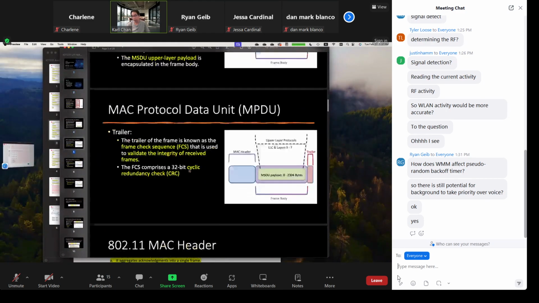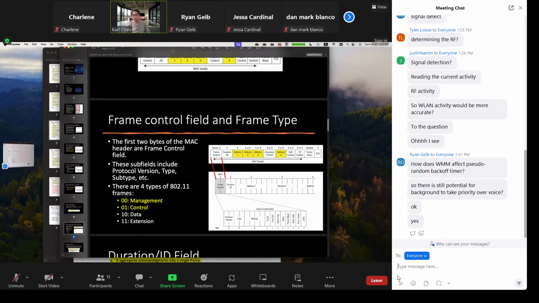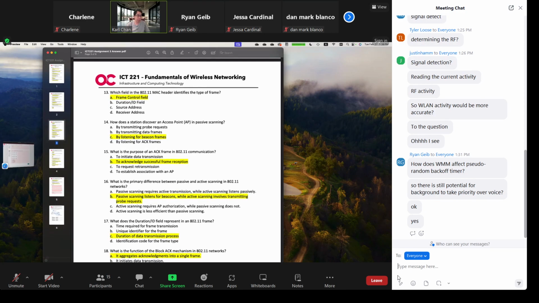Frame control field, this is the field that identifies the frame types. Okay, so do you remember how many types? What are the 4 types of MAC frames? Do you remember that?